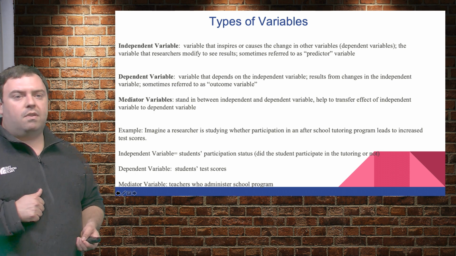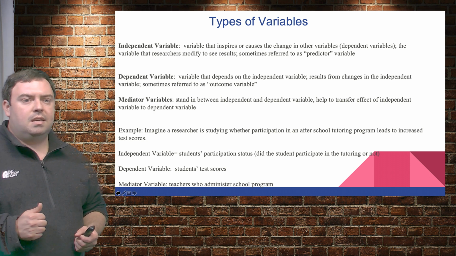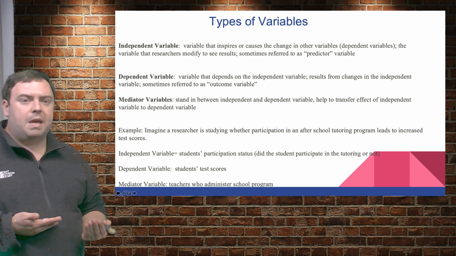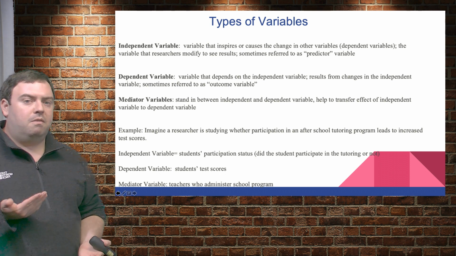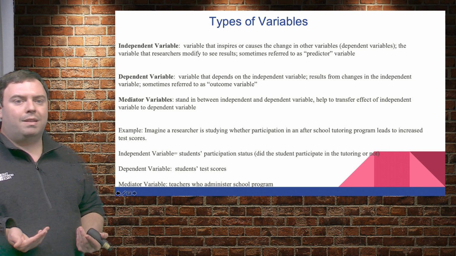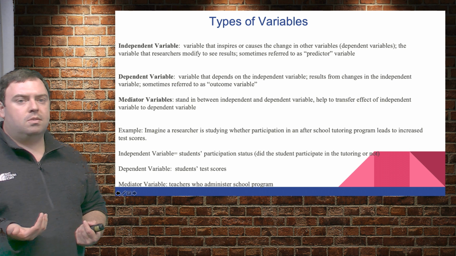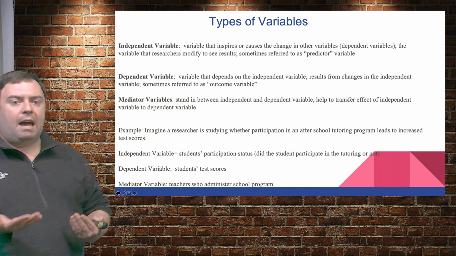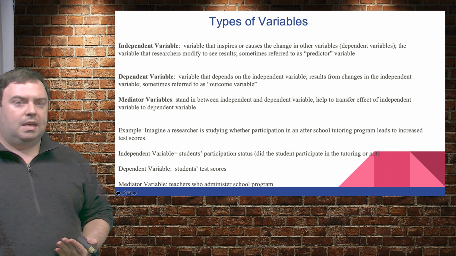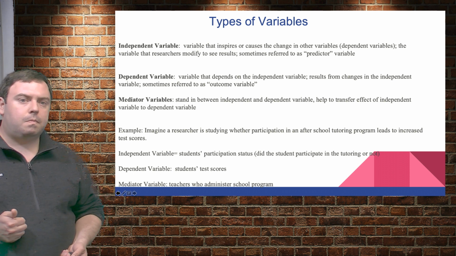And the dependent variable, like I mentioned earlier, is the variable that changes based on how the independent variable functions. Sometimes we call it the outcome variable. So the outcome of the relationship occurs based on the independent variable.